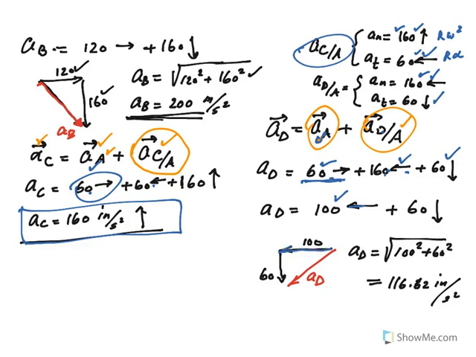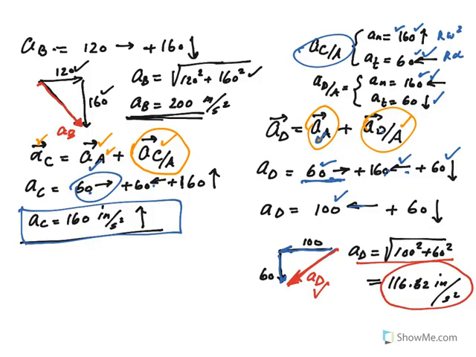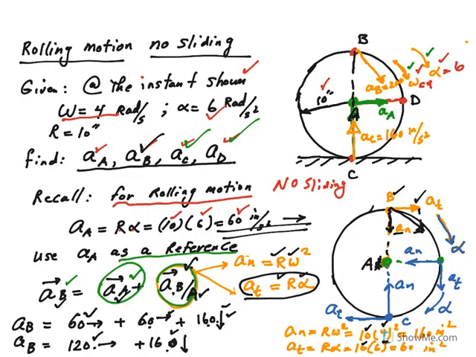So 100 to the left and 60 down will give you acceleration of D. Go ahead and find the square root of 100 squared plus 60 squared, and you get 116.62. That was the last point we wanted to find the acceleration of. So that's acceleration of D.